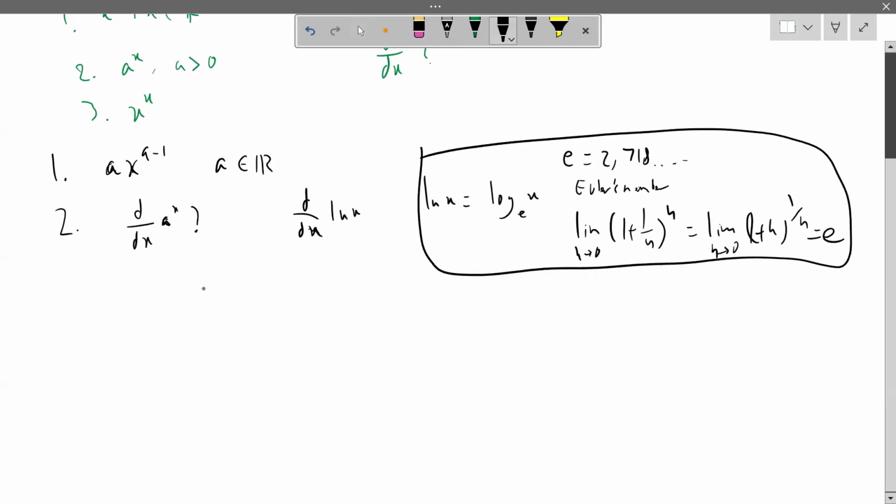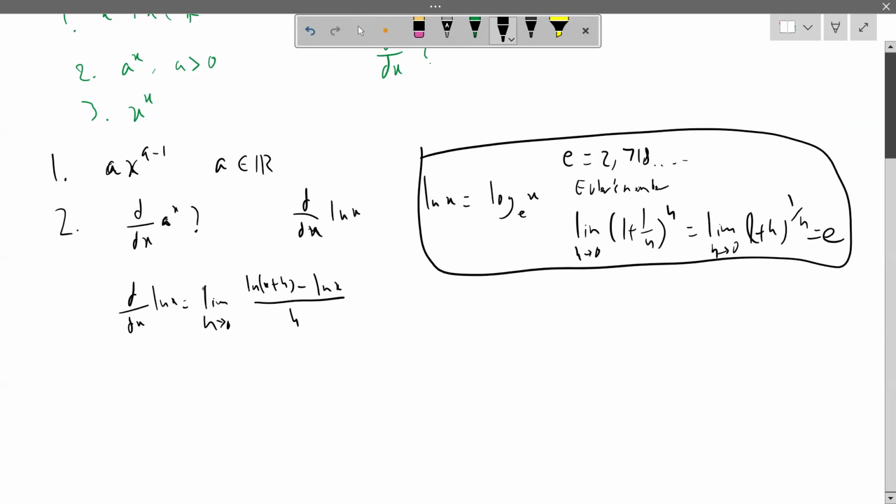Now, if we want to find the derivative of the natural logarithm function, we're going to have to do so using the definition of derivatives. The definition of derivative here is the limit of ln of x plus h minus ln of x, over h, when h approaches 0.